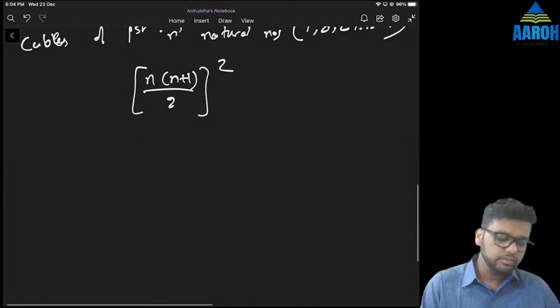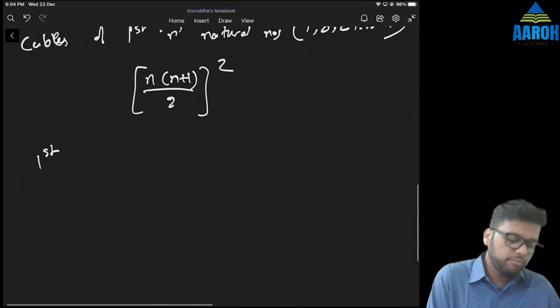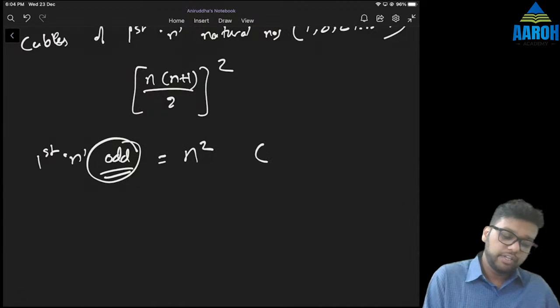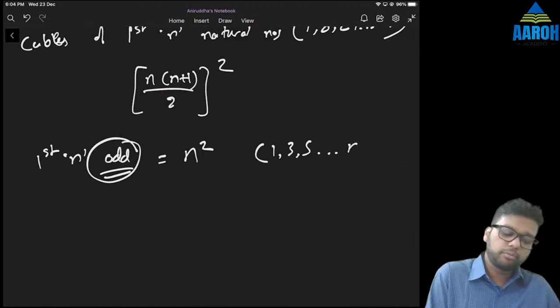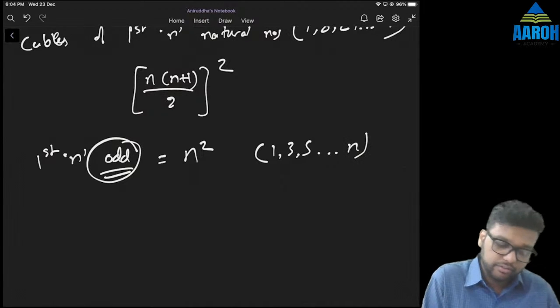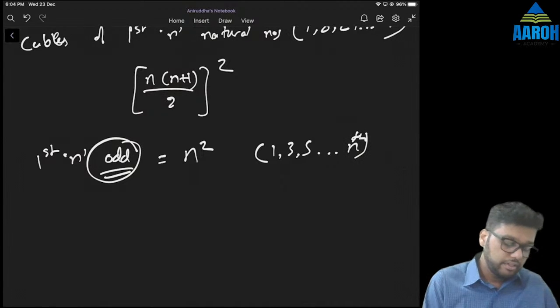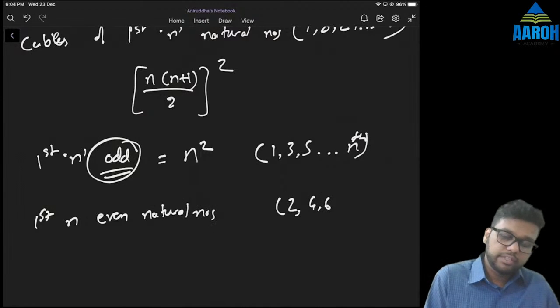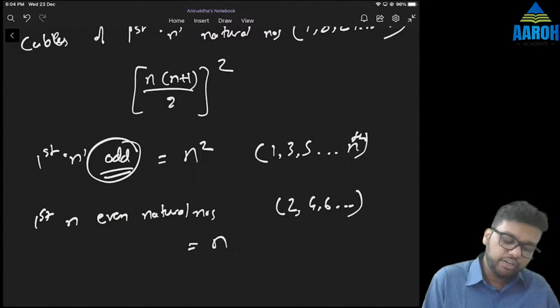Then the sum of the first n odd numbers is simply n square, that is 1, 3, 5 up to the nth odd number. Then the sum of the first n even natural numbers, starting from 2, 4, 6, is n into n plus 1.